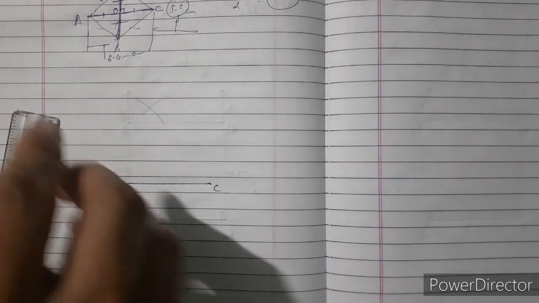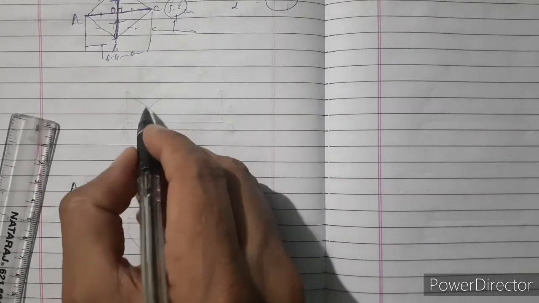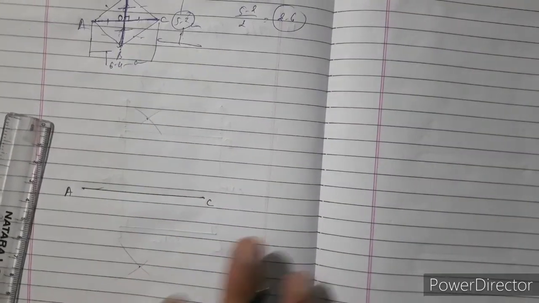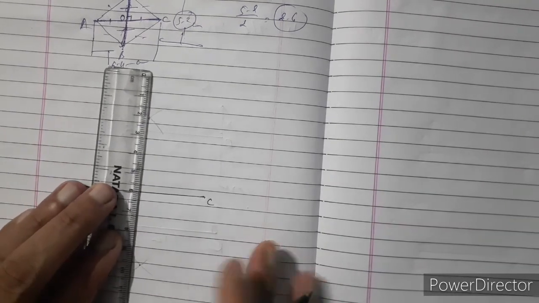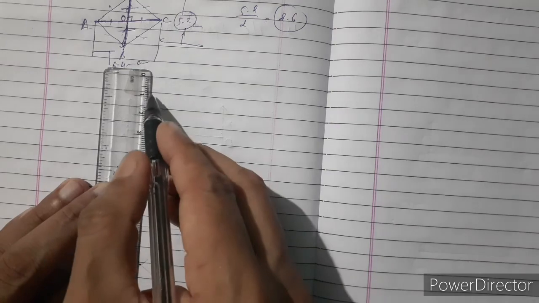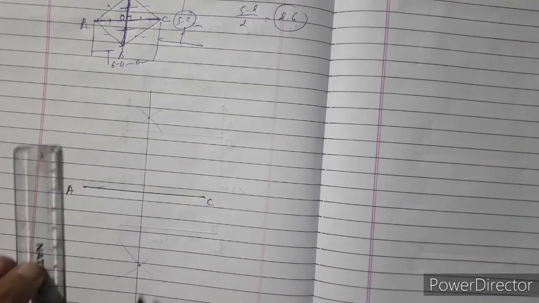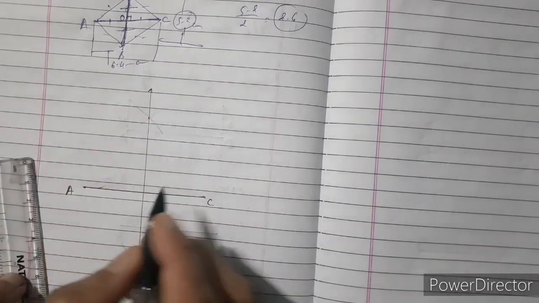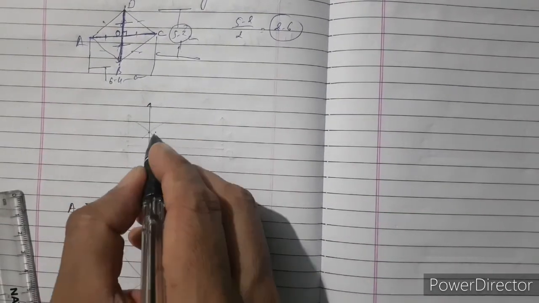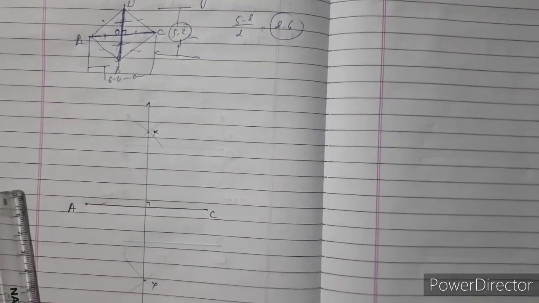Draw a line passing through the intersecting points. That is the perpendicular bisector line. Name the intersecting points X and Y.